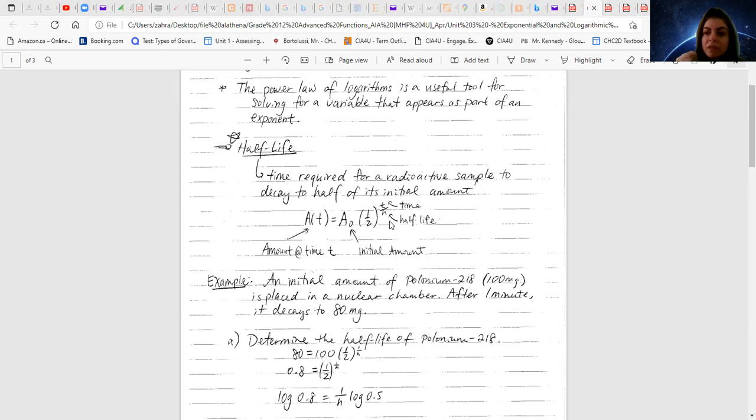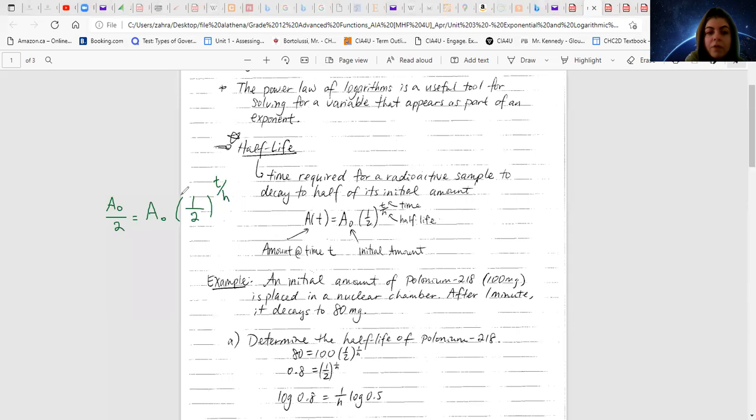Half-life is the amount of time that it takes for radioactive material to decay to half of its original amount. I'm going to prove that to you. Let's say the amount A becomes half of the original. It means instead of A, I put A0 divided by 2 equal to A0 times 1/2 to the power of t over h, right?